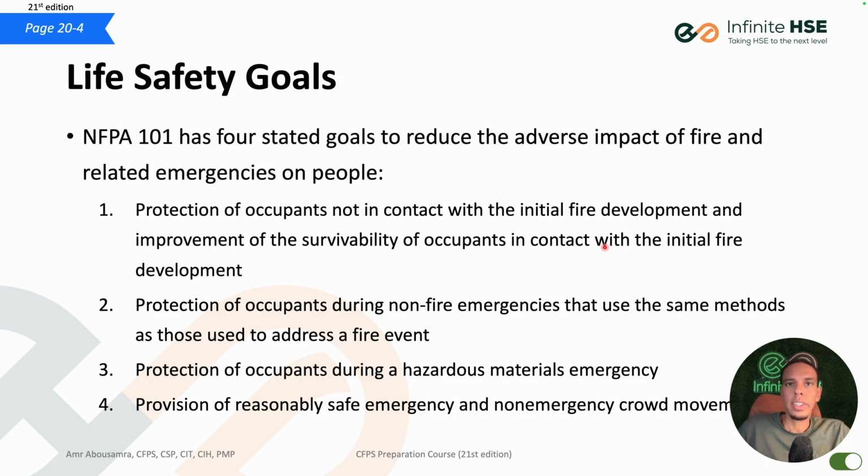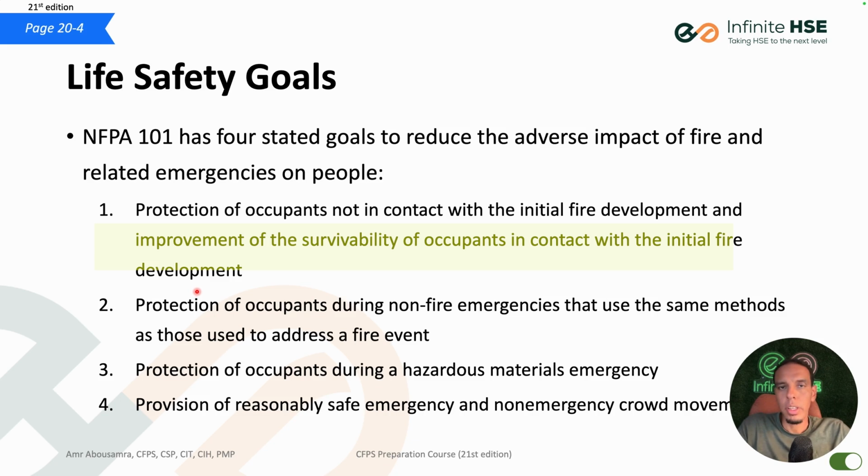Now let's see examples of how NFPA 101 lists the goals and objectives. NFPA 101 has 4 goals for the Life Safety Code to reduce the adverse impact of fire and related emergencies on people. First thing, protection of occupants not in contact with the initial fire development and improvement of the survivability of occupants in contact with the initial fire development.